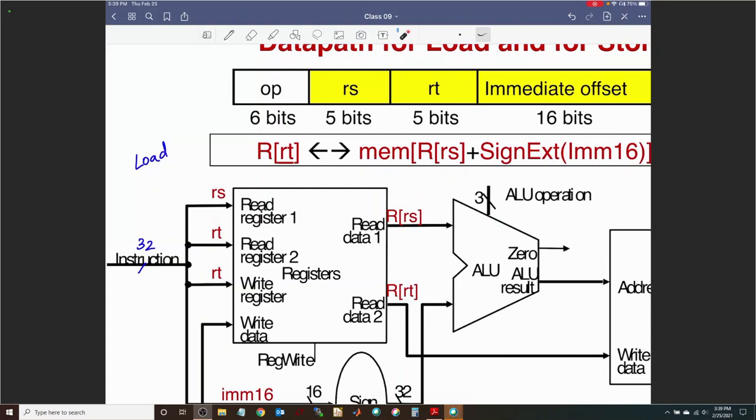If I'm doing load instruction, no, I am executing the load instruction. That's right, bottom one.